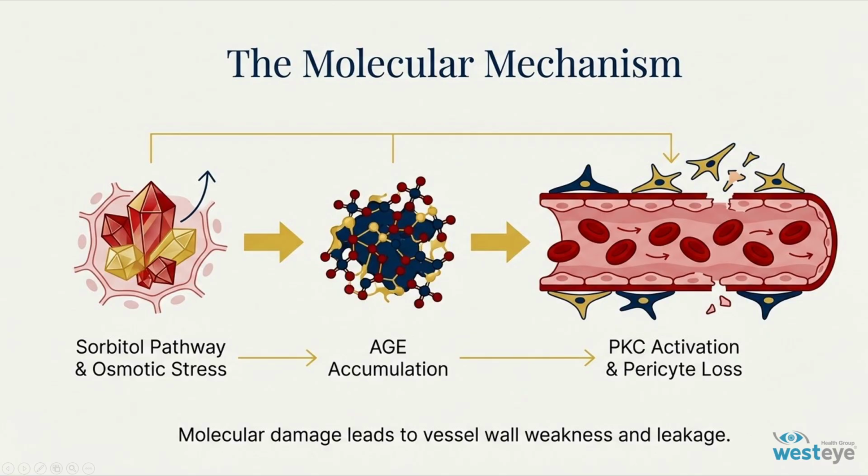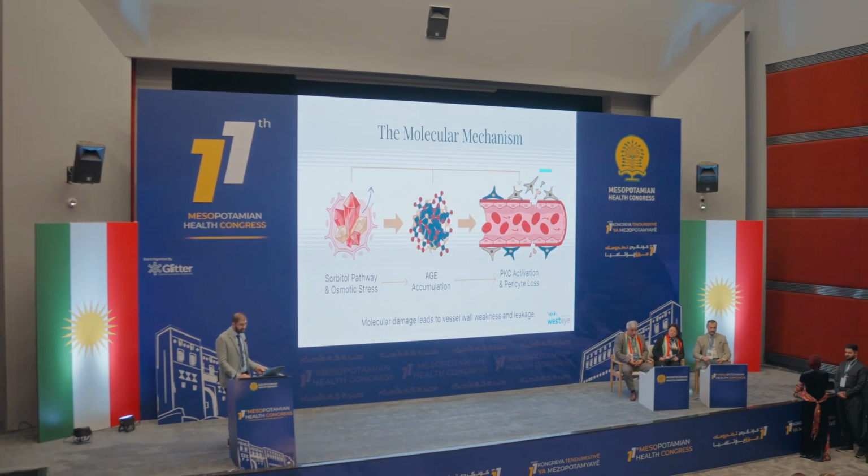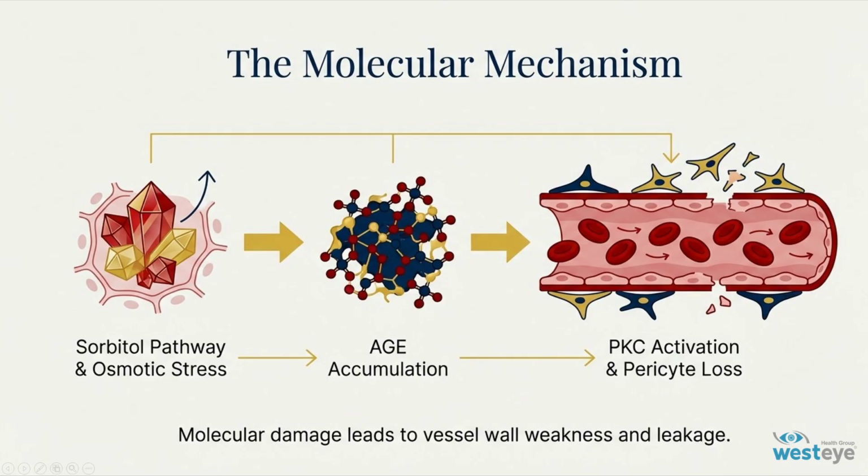Now let's briefly look at why these problems are arising in diabetic patients. It's a cascade of molecular damage. The first step is hyperglycemia. That hyperglycemia is activating sorbitol pathways and it causes osmotic stress. Secondly, the osmotic stress becomes a reason for advanced glycation end products accumulation.